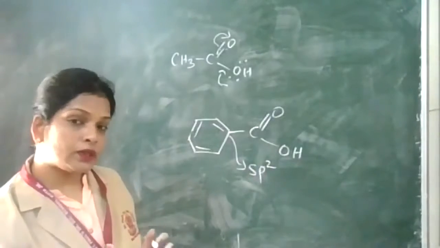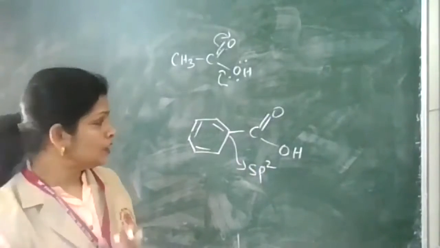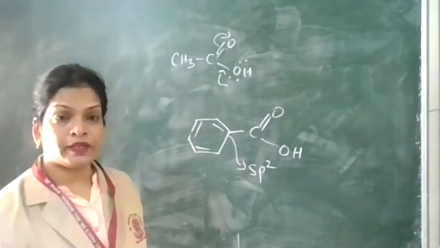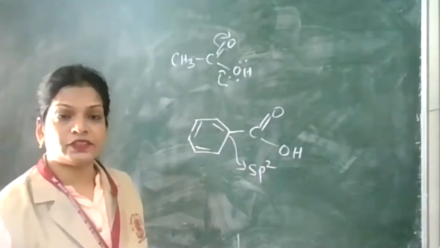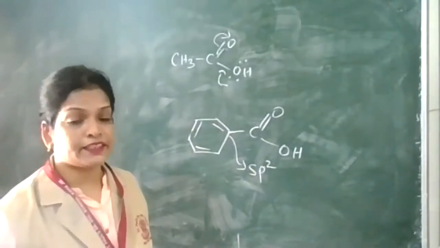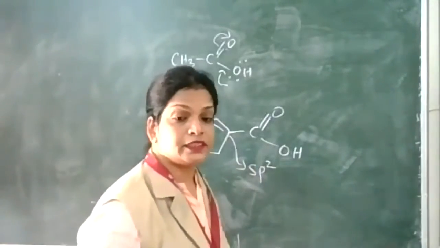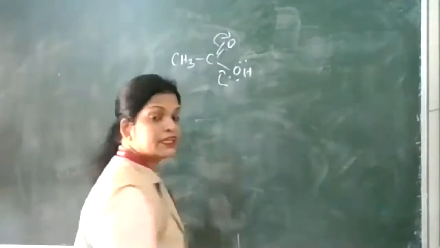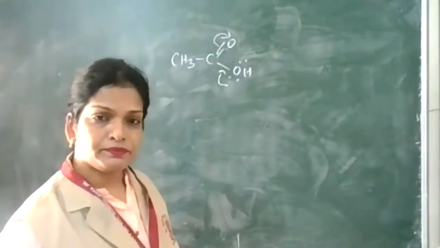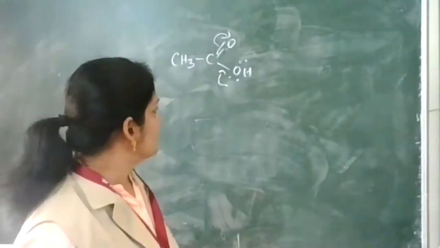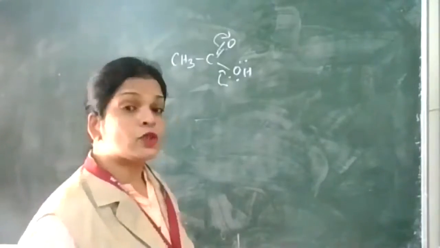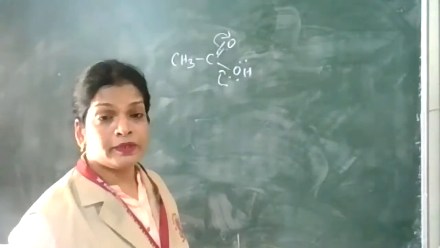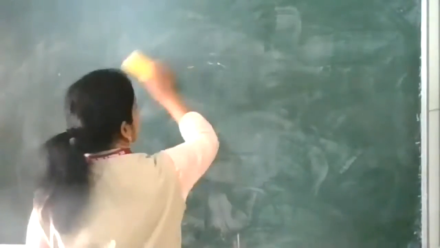So that electronegative sp2 hybridized carbon will pull the electron density from there. So attachment of C6H5 will increase the acidic character. Generally, electron withdrawing groups will increase the acidic character, and electron donating groups will decrease the acidic character.